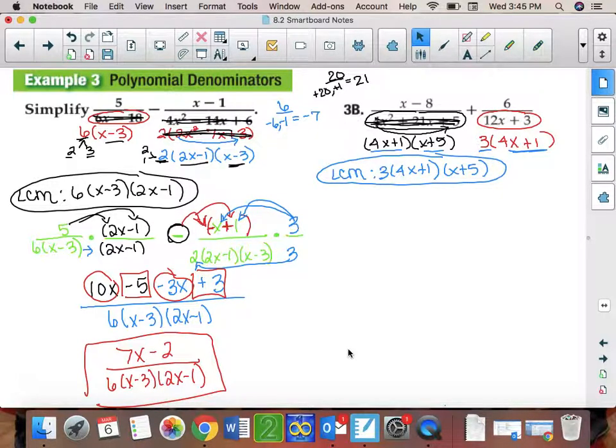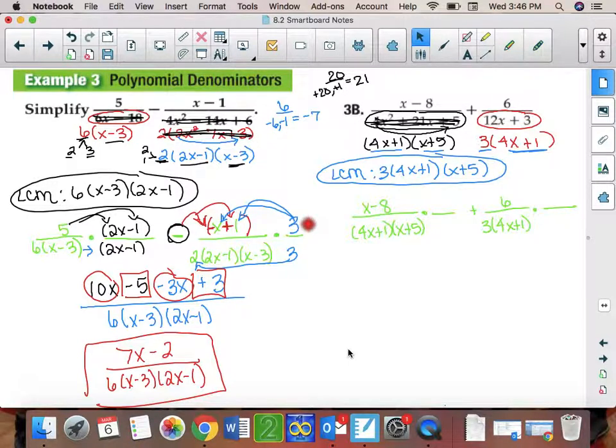So we're going to start off, and we're going to rewrite this problem. So we have this x minus 8 over 4x plus 1 times x plus 5, and we're going to take that times something. And then I have plus 6 over 3 times 4x plus 1, and then we're going to take that times something.